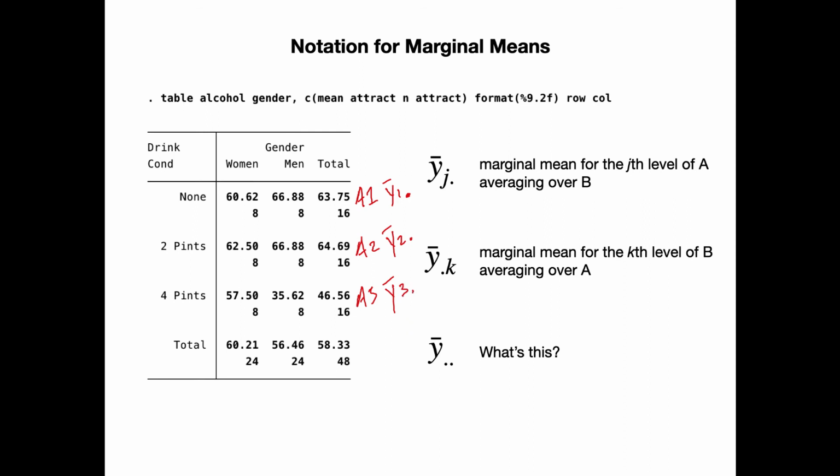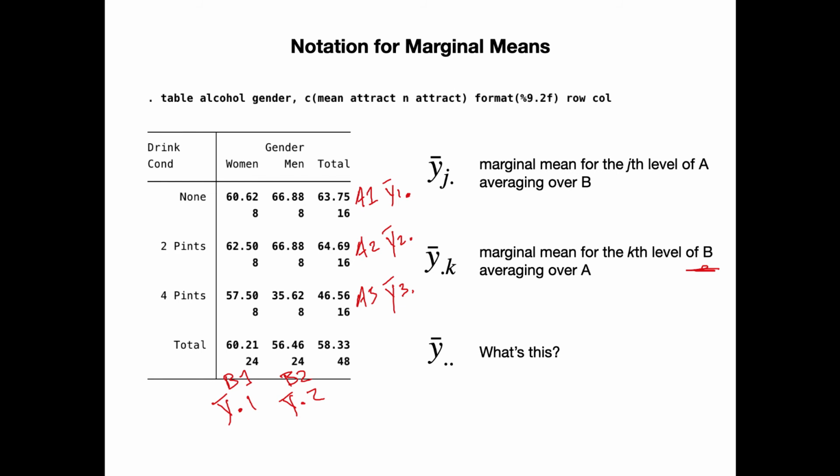When we have the ones for the B factor, in this case gender, remember we have B1 and B2, then we get Y bar dot 1 and Y bar dot 2, and the dot comes first in that case. That's just a way of saying we've averaged over the levels of J, the levels of drink, which is the A factor.